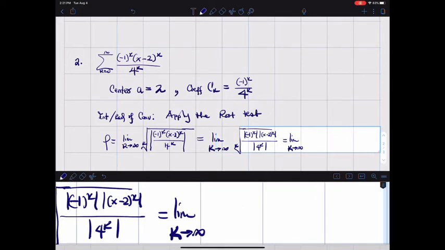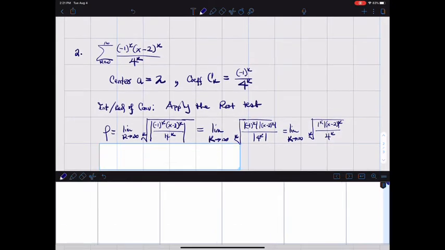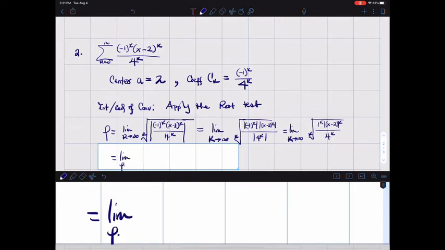All right, so we have the kth root of 1 to the power of k, of absolute value of x minus 2 to the power of k, and then 4 to the power of k. If you find the kth root of all these things, this becomes the limit as k goes to infinity of absolute value of x minus 2 over 4.